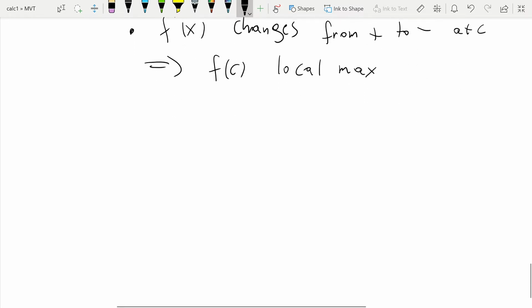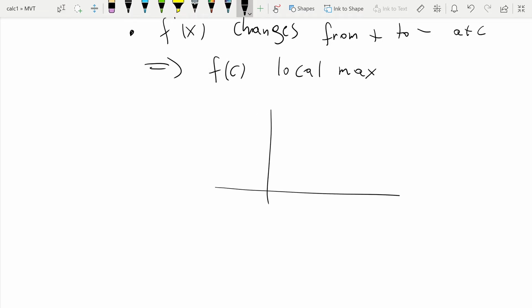So to see this, let's look at a graph of a function. What's going on here? This is the critical point c. This is the point where the derivative is 0, so the slope of the tangent line is 0. There's no infinitesimal change at that point.